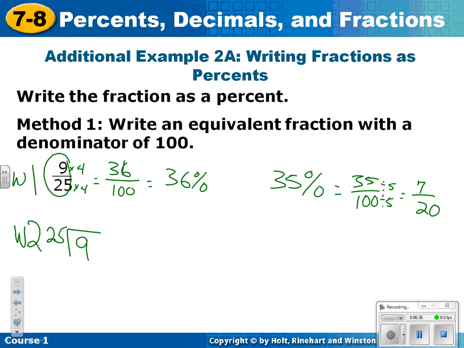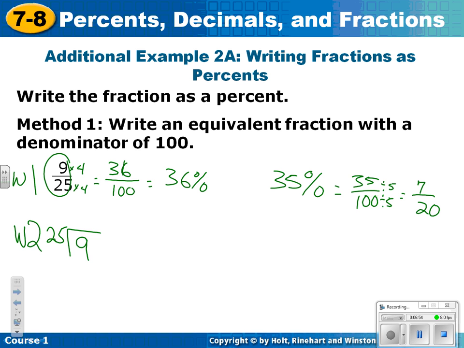Anyone got a calculator with them? What is it as a decimal?